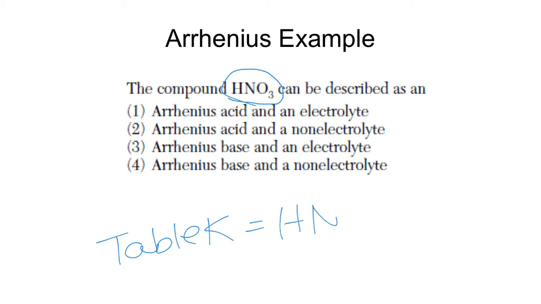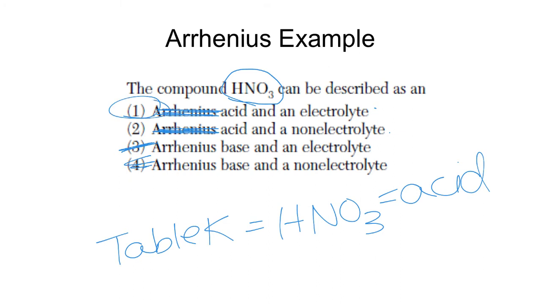So HNO3 is an acid. So therefore, we need to not be picking 3 or 4. So it's an Arrhenius acid. Here's the definition. If that confuses you, you can even cross out. It's an acid. And then we have to remember if acids conduct electricity or don't. Acids do conduct electricity when dissolved in water. So choice 1 is our answer.